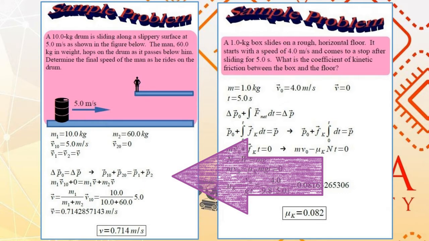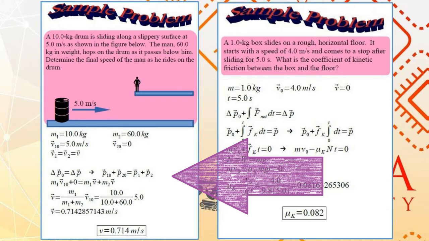And since the man is just standing on the ledge initially, the man is at rest, v2 initial is equal to 0. When the man hops on the drum and rides it, both he and the drum will have the same final speed, so v1 is equal to v2. Let that just be equal to v.